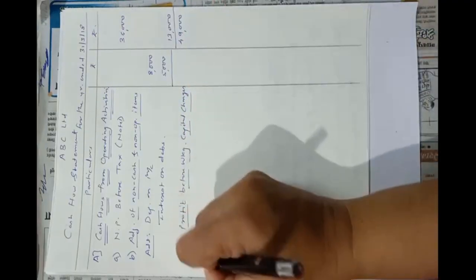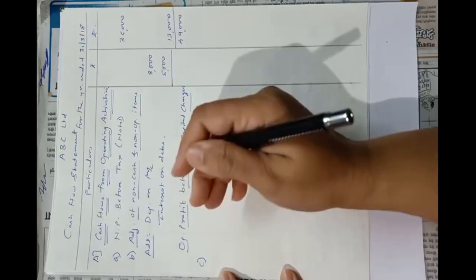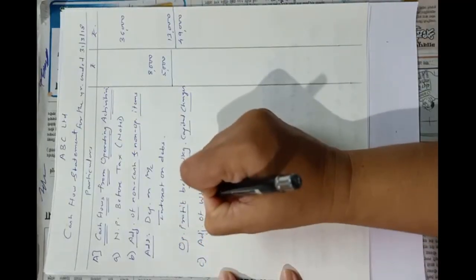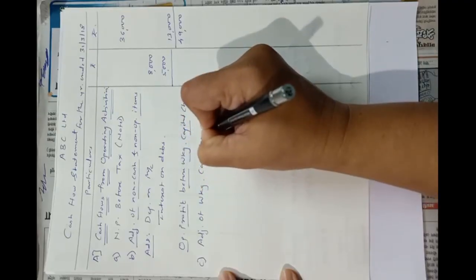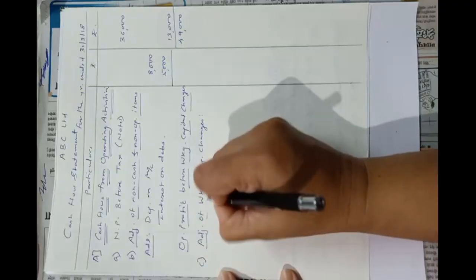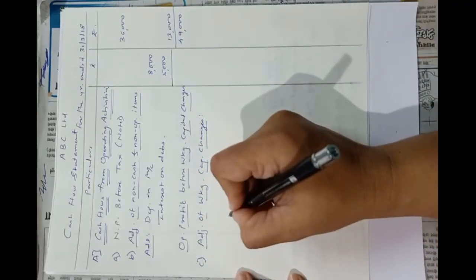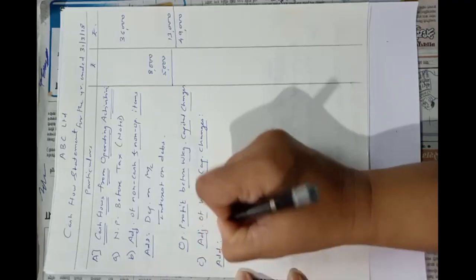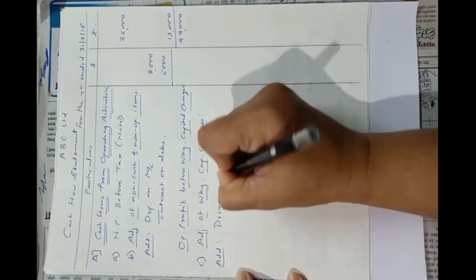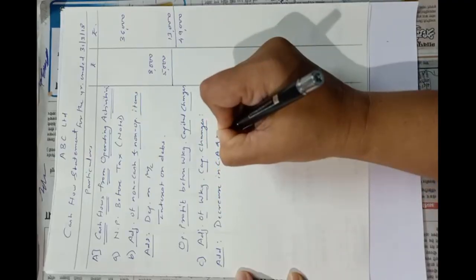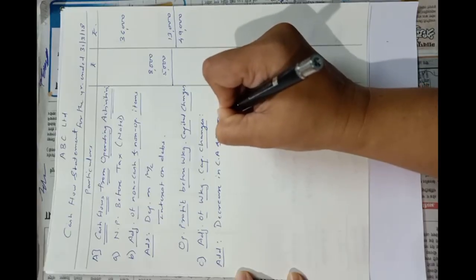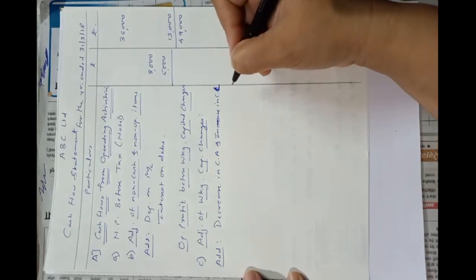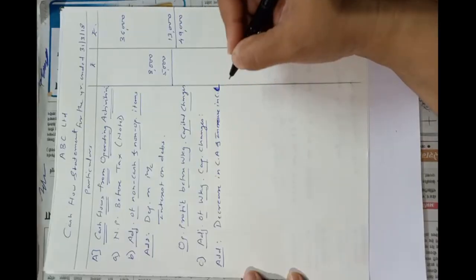Okay, now C point, sub point C, it is adjustment of working capital changes. Now here first we have to add decrease in current assets and increase in current liabilities. So add increase in current liability, decrease in current asset and increase in current liability.